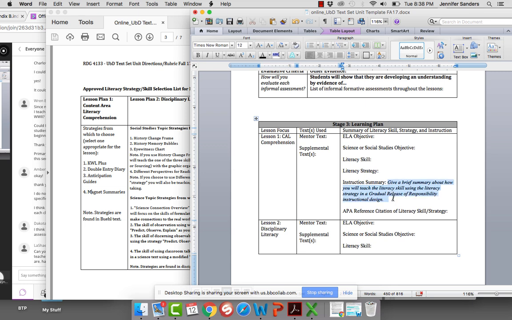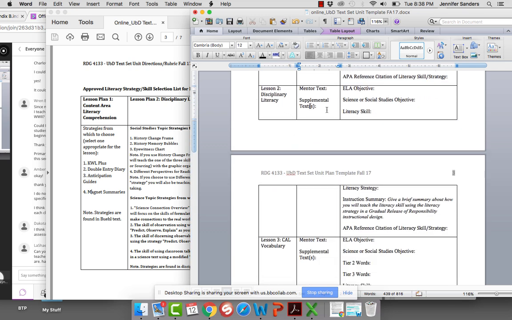Very brief summary here. Okay. Mentor text goes here. Your supplemental texts go here. And these are only going to be the texts that you use. And if you don't use a supplemental text here, it's okay. It's your first lesson. Okay.